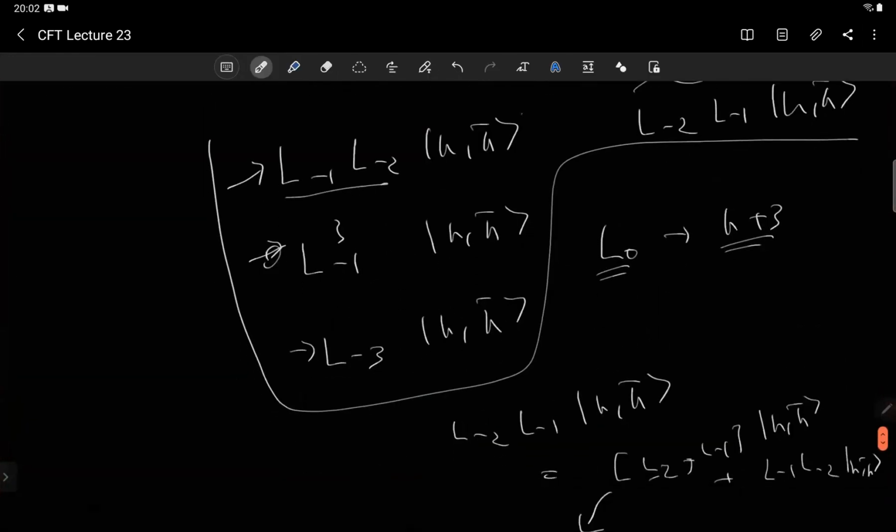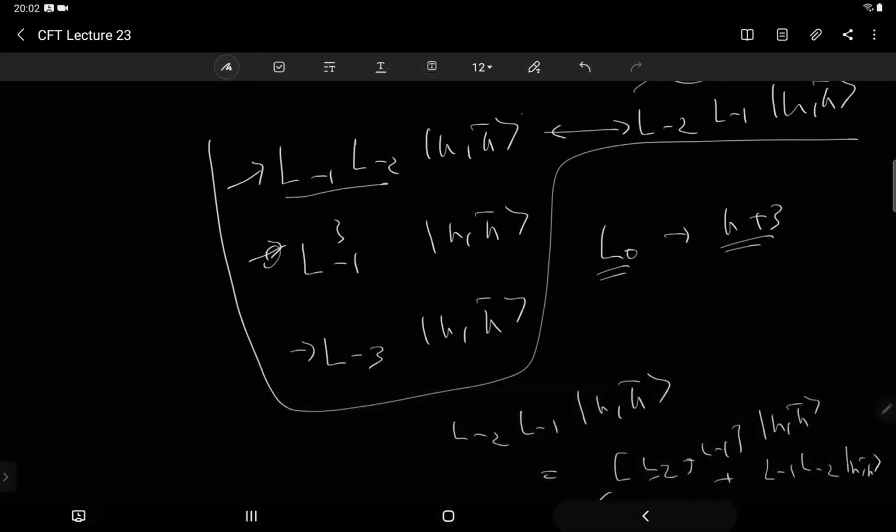What are the ones that are linearly independent? When you have L minus 1, L minus 2, you only take one ordering. You don't take both of them. Either you take L minus 1, L minus 2, or L minus 2, L minus 1, and you have L minus 1 whole cube and you have L minus 3. All of them have the same eigenvalue, which is H plus 3.